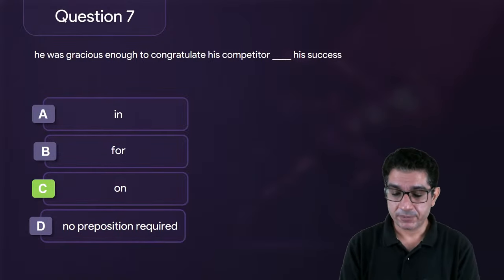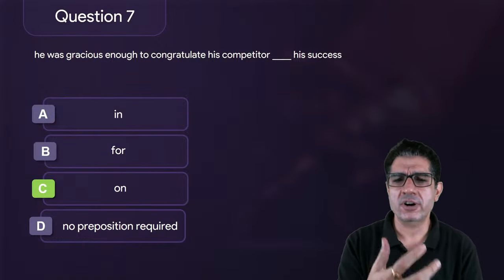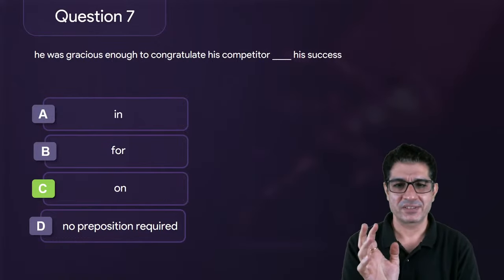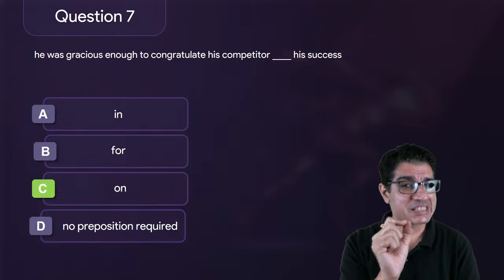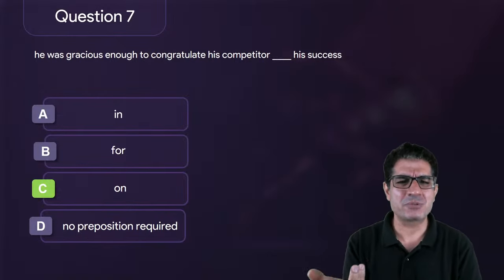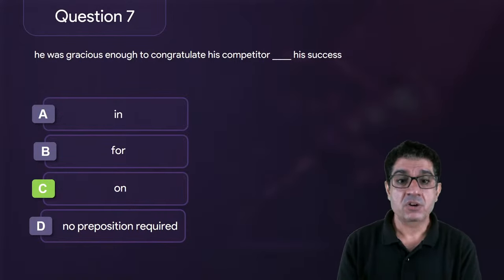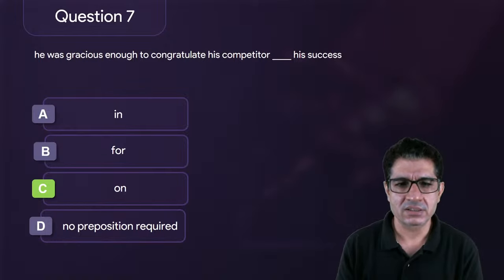Now, however, there is a context where you offer your congratulations as praise for a specific achievement. As praise, not as good wishes, as praise for a specific achievement. In that context, we do at times use for. For example, congratulations for completing 100 days without an accident.